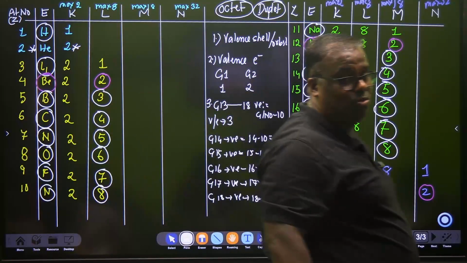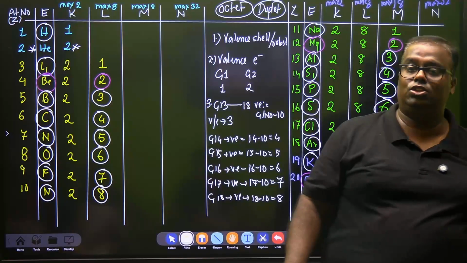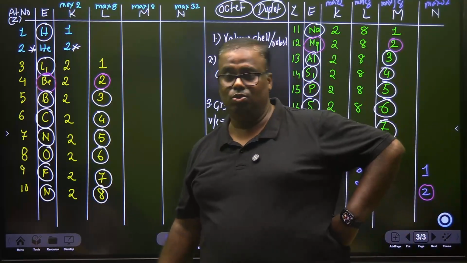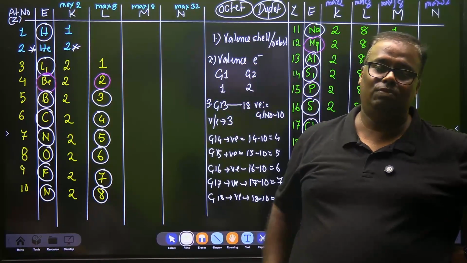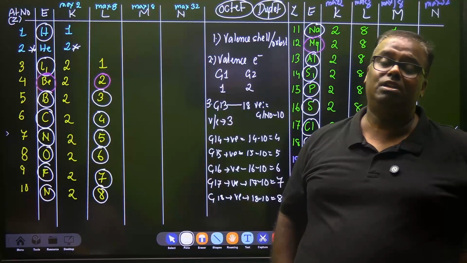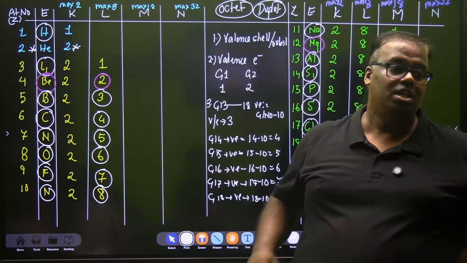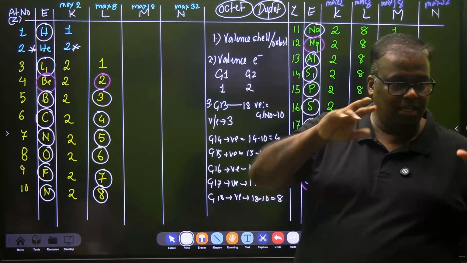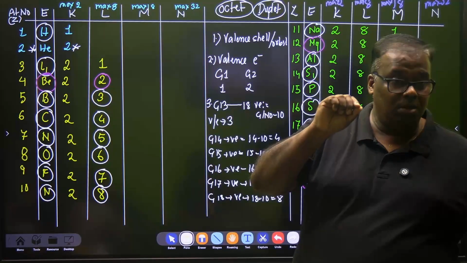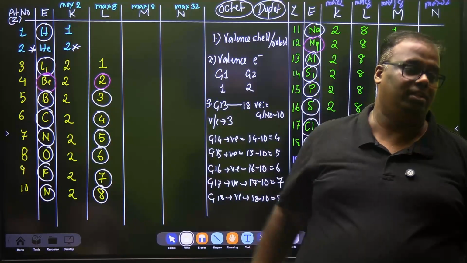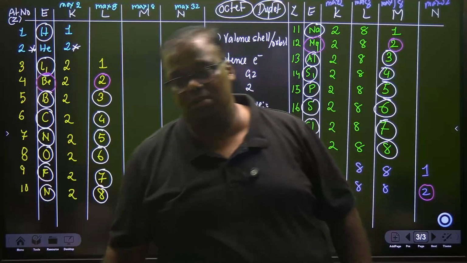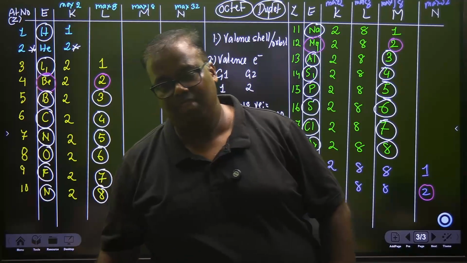So you have understood something more, called the octet and the duplet rule. Octet rule tells you that if you are the valence shell, then you are completely filled with 8 electrons. In octet you write, number of shells should be more than 1. Octet rule applies where the total number of shells is more than 1.